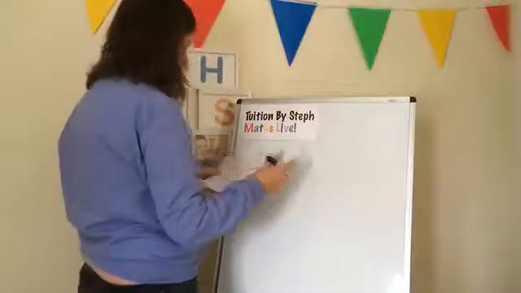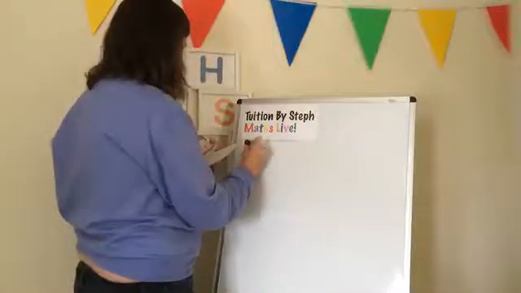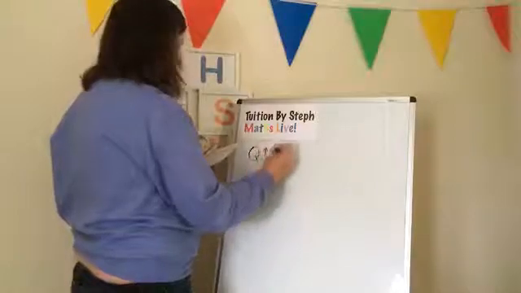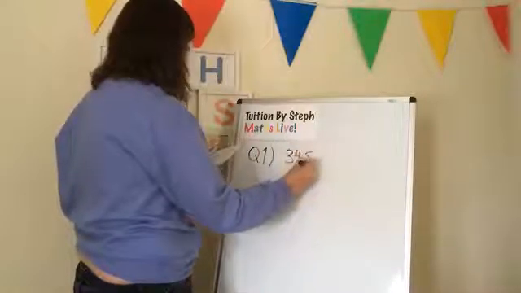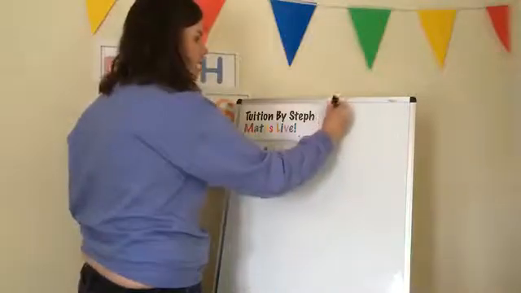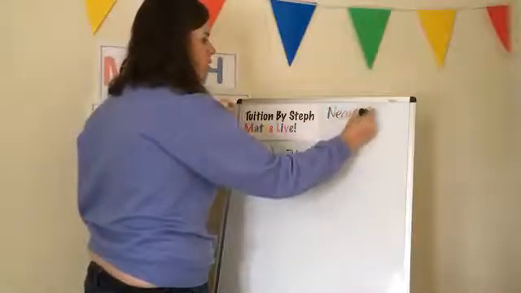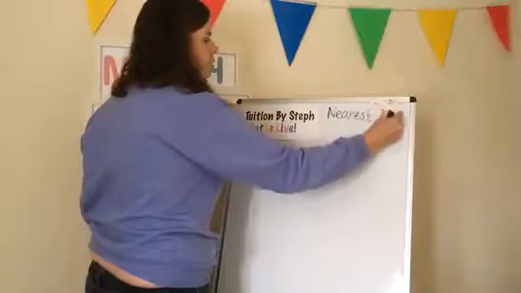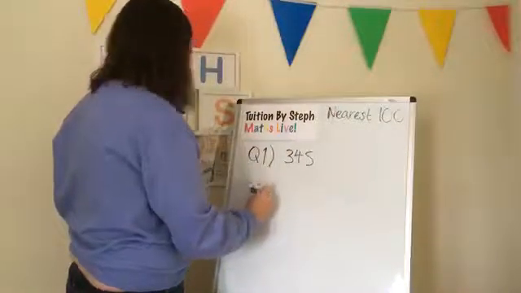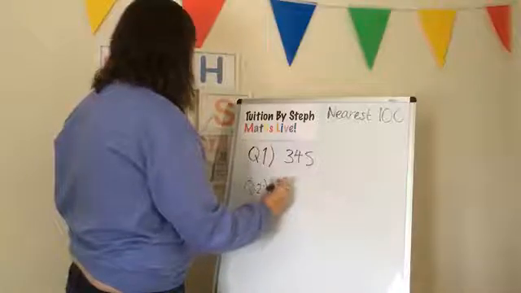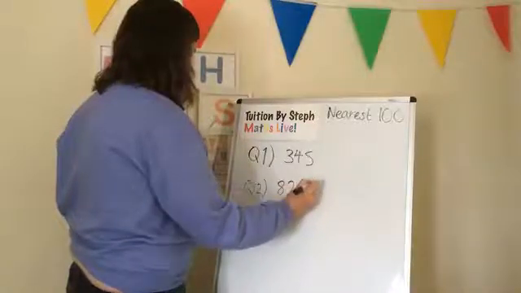So today is Wednesday, so question 1 is, what is 345 to the nearest 100? So remember, each of these is nearest 100. Question 2 is 8,236.